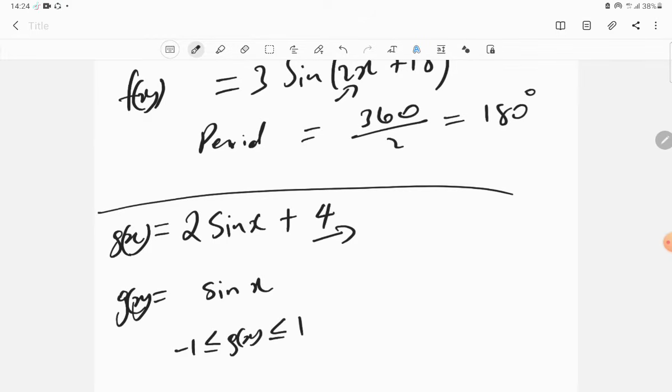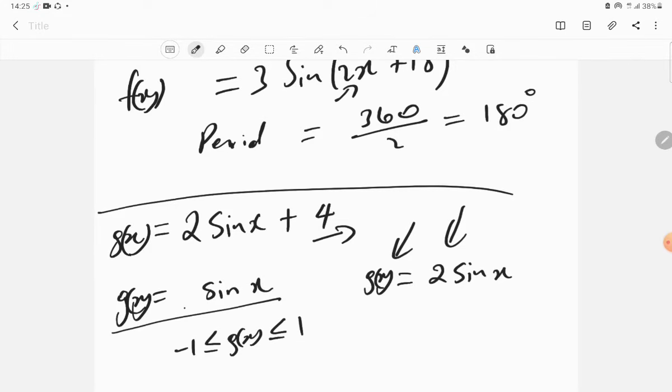So this was your range. That means if you are having this new g(x) with 2 sine x, you can see now that g(x) is multiplied by 2. This is our old g(x), this is our new g(x), which means it is multiplied by 2.